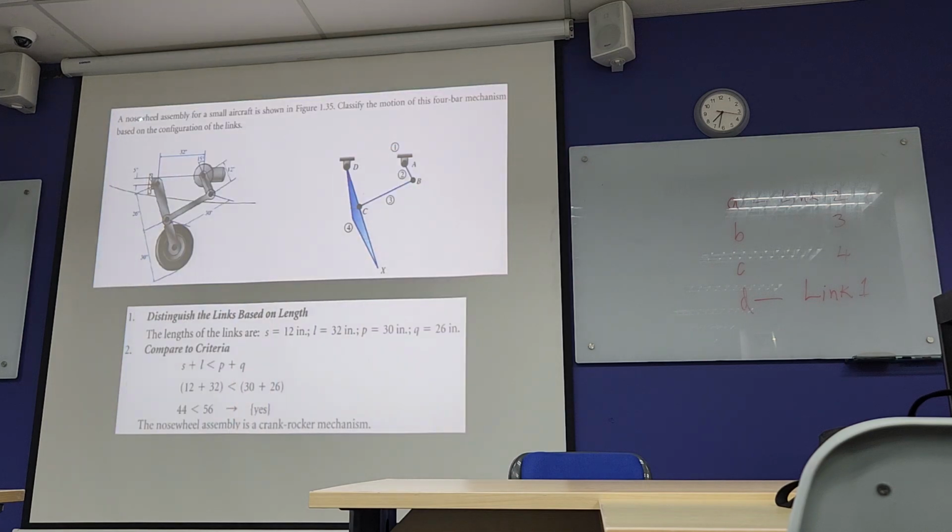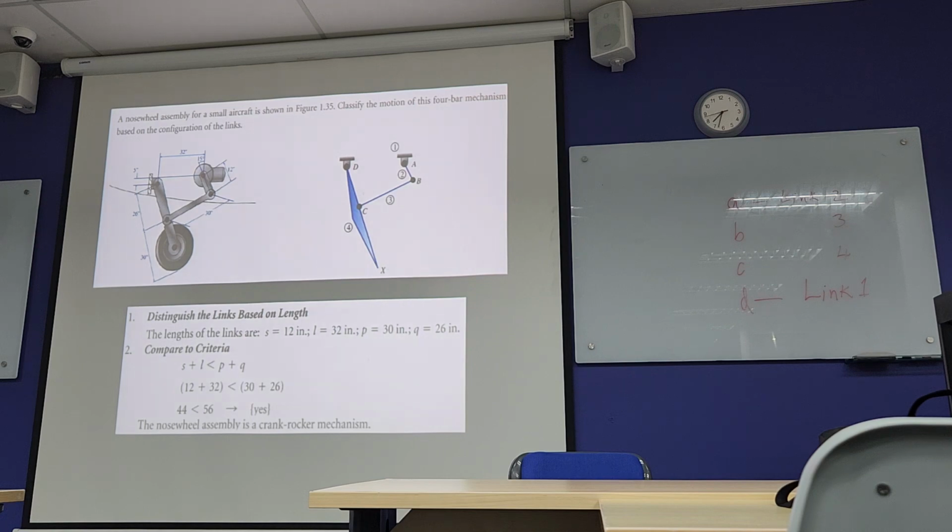Okay. So for example, now you can see this is the nose wheel assembly of a small aircraft. This one you can represent geometrically, depending on the dimensions. When we draw this same thing in a graphical representation, it will look like this.